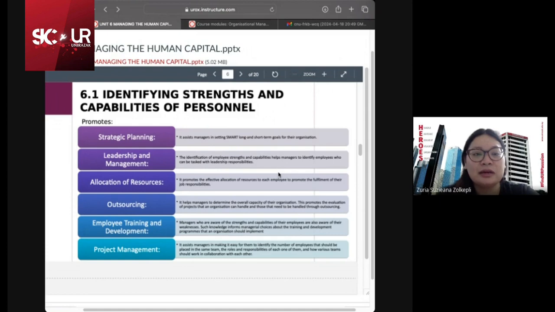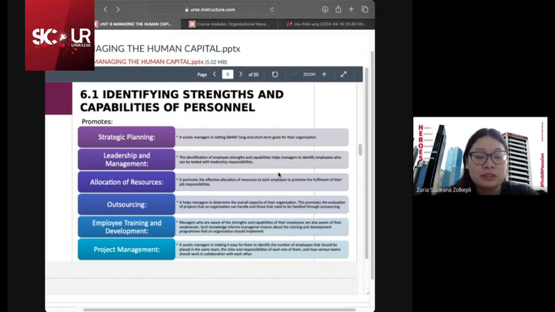And then outsourcing: it helps managers determine the overall capacity of their organization. It will also be easier for managers to provide training and development appropriately, and to identify which training is appropriate for your employees.